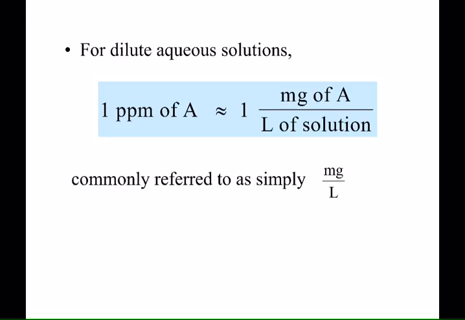You can convince yourself it has to do with the density of water. What's the density of water in grams per mL? 1, yeah. So if you chase that down, you can do a factor label problem and convince yourself. So this is a nice one, the blue box. If it's an aqueous solution, parts per million is the same thing as milligrams of A per liter of solution.